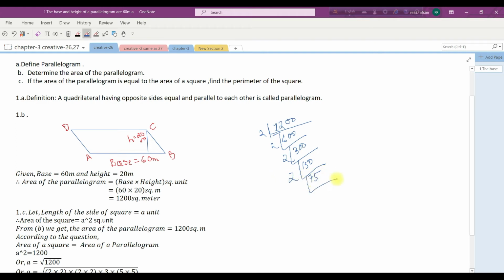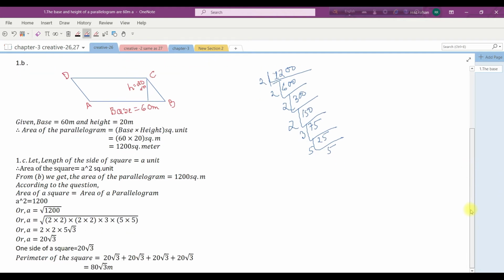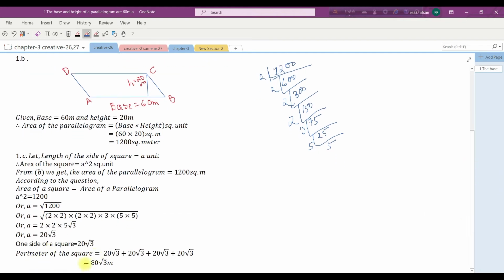Then you can proceed to 75. It doesn't go with 2, so now we'll proceed with 3. 3 goes into 75, so the outcome is 25. Then after it you'll find 5 into 5, which is 25. So we can write them in multiplicative form: 2 into 2 into 2 into 2 into 3 into 5 into 5.